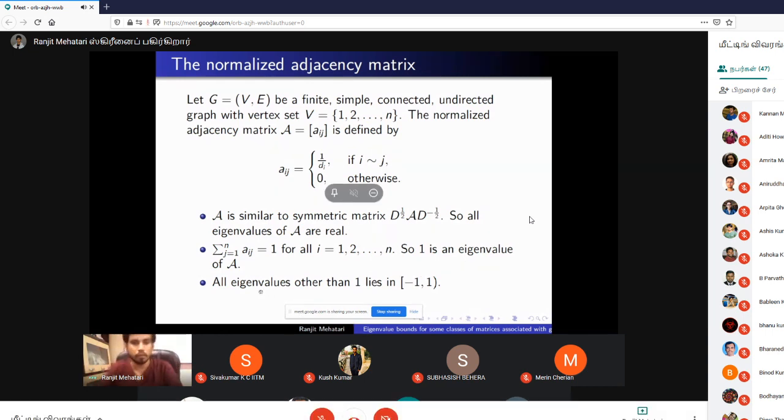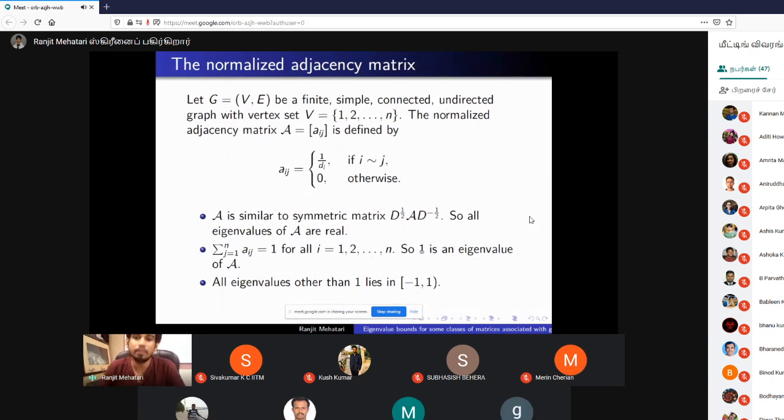So by the Perron-Frobenius theorem, all eigenvalues of the normalized adjacency matrix have modulus less than or equal to 1. And since the eigenvalues are real here, and since we are considering connected graphs, the normalized adjacency matrix is irreducible.